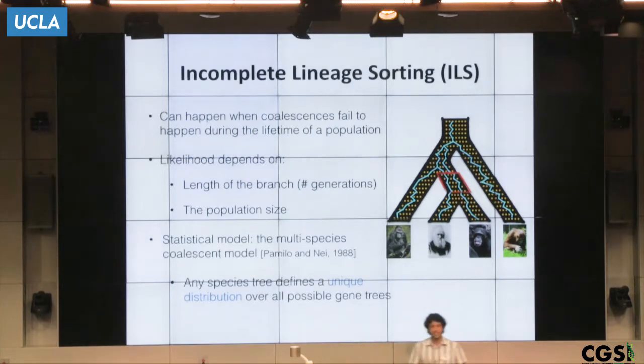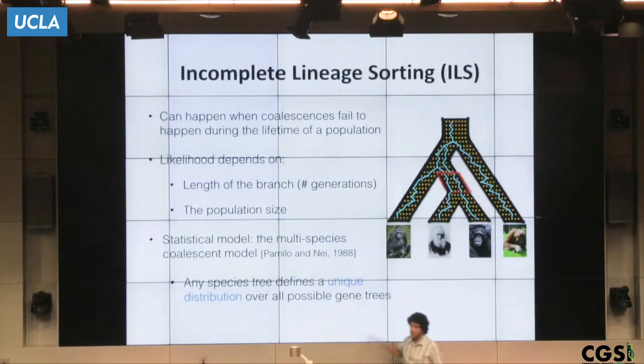We have a statistical model to study incomplete lineage sorting. It's called the multi-species coalescent model. It just takes the traditional Kingman coalescent model, and now you have a tree of different populations. Whatever fails to coalesce in that population gets inherited in the parent population.